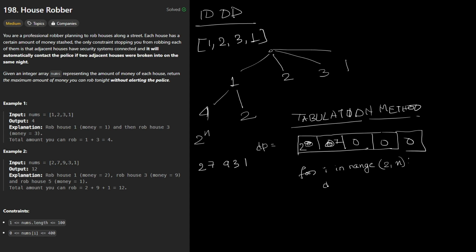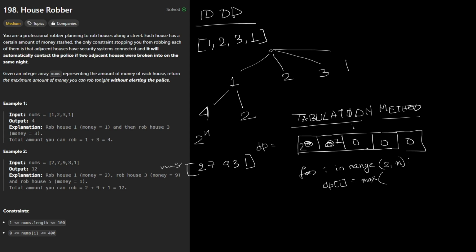So I can say dp of i, and nums is present in the variable nums. dp of i is basically whichever is maximum, so I can say max of... If we have to rob, let's say, the ith house, what are the possibilities?